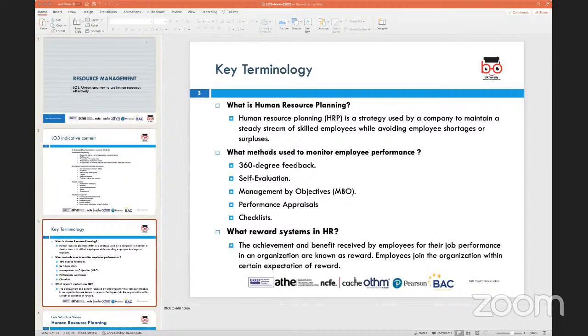And it's an annualized process, which generally all organizations go through when they look at planning for a new financial year or a new academic year, for example January to December, or June to July, or April to March, whatever financial year they follow.